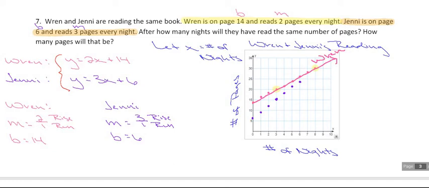Ooh, we're getting close. 27 rise 3, we're at 30, run 1. Ooh, there we go. And then 30 rise 3, we're at 33, run 1.